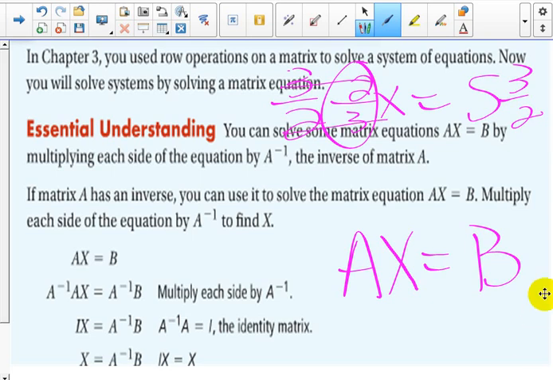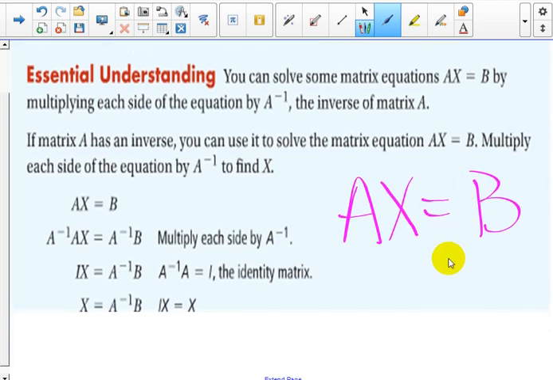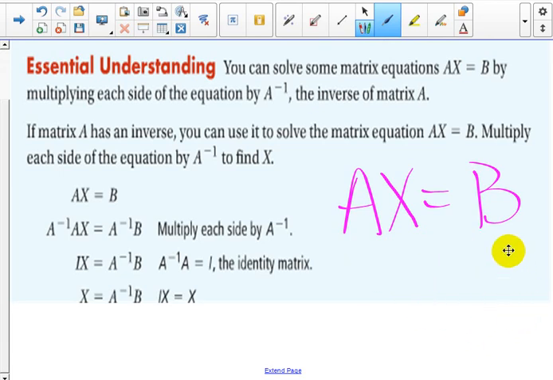Well, we're going to do the same thing with matrices, except we're going to use the inverse. Remember, when you multiply a matrix by its inverse, you get the identity matrix, which is basically just 1. So to solve these, we're going to first multiply by the inverse.